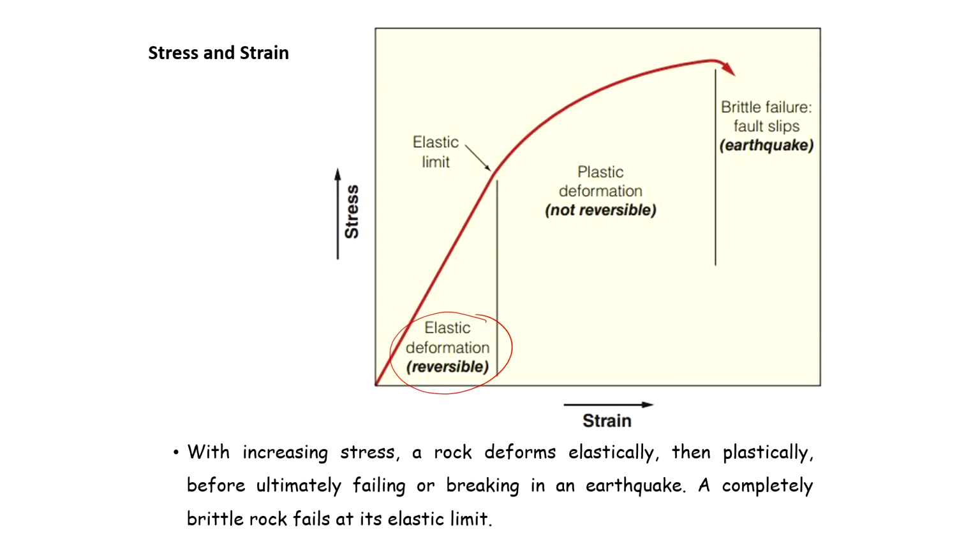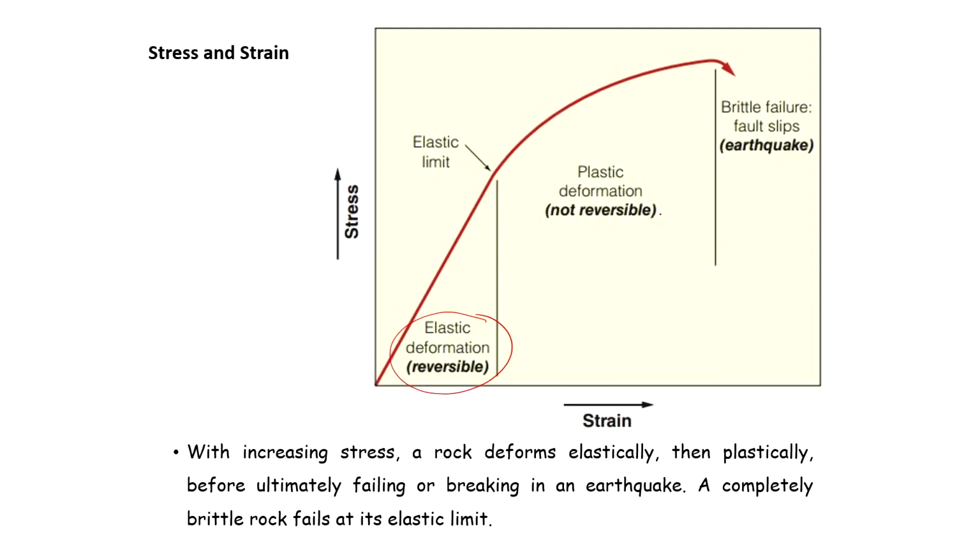The energy is reversible, but the deformation is not completely reversed. If you have a slip of around 10 meters, you cannot say all 10 meters will come back; there will be some residual left. Then you have non-reversible plastic deformation, and finally fracturing, which is brittle deformation.